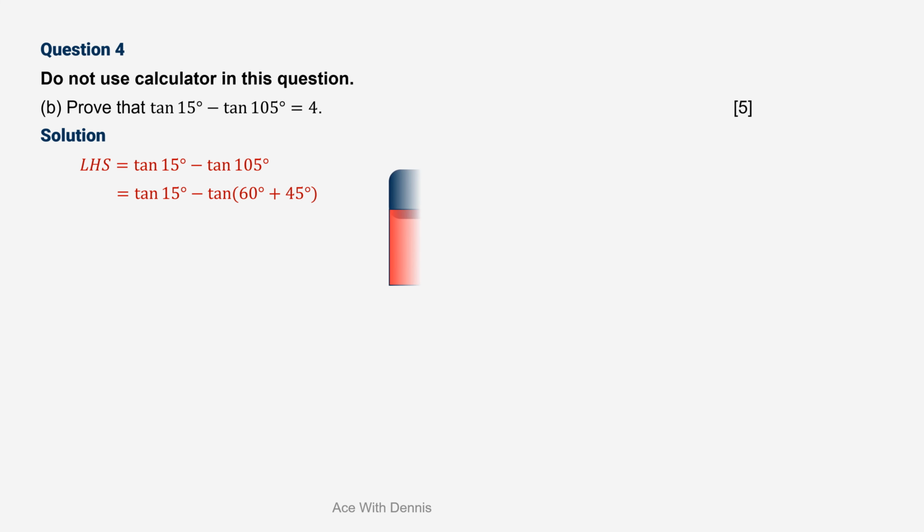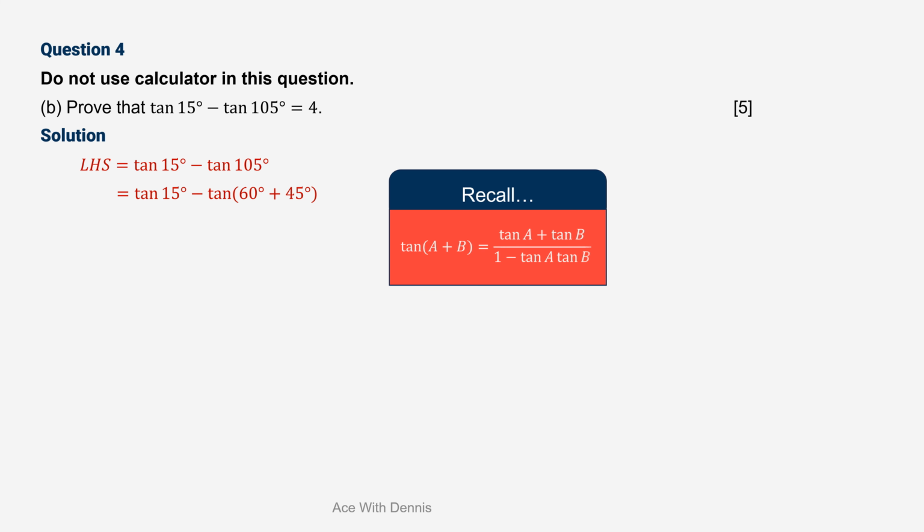Recall the addition formula, tan(A plus B) equals (tan A plus tan B) over (1 minus tan A tan B). So this becomes tan 15° minus (tan 60° plus tan 45°) over (1 minus tan 60° tan 45°).